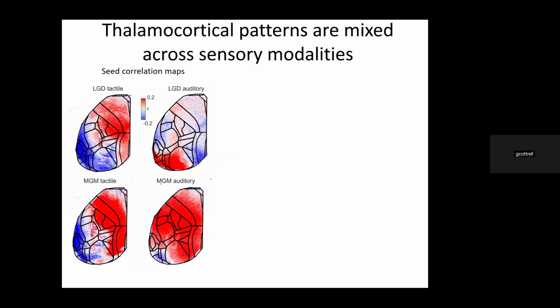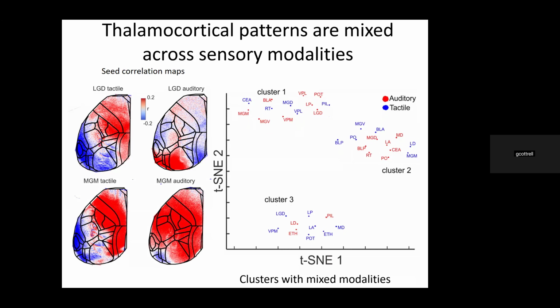So we can take these maps and say how similar and different are they across tasks and across thalamic seeds or also amygdala seeds. And this is just a t-SNE plot reducing the dimensionality. We see mainly 3 clusters, already averaged across all the 5 mice.